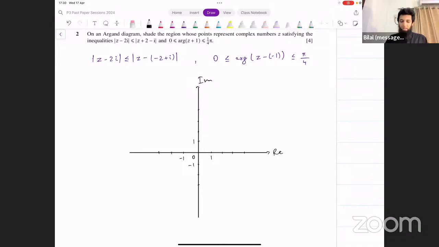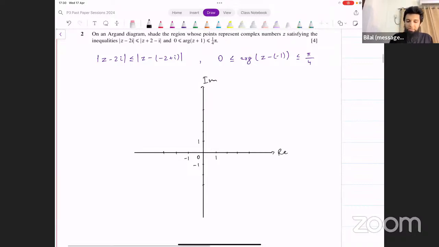Okay. Now, what does this first inequality mean? Remember this notation. What does it mean? Distance of z from 2 iota. The point is 2 iota. It means distance of z from 2 iota.